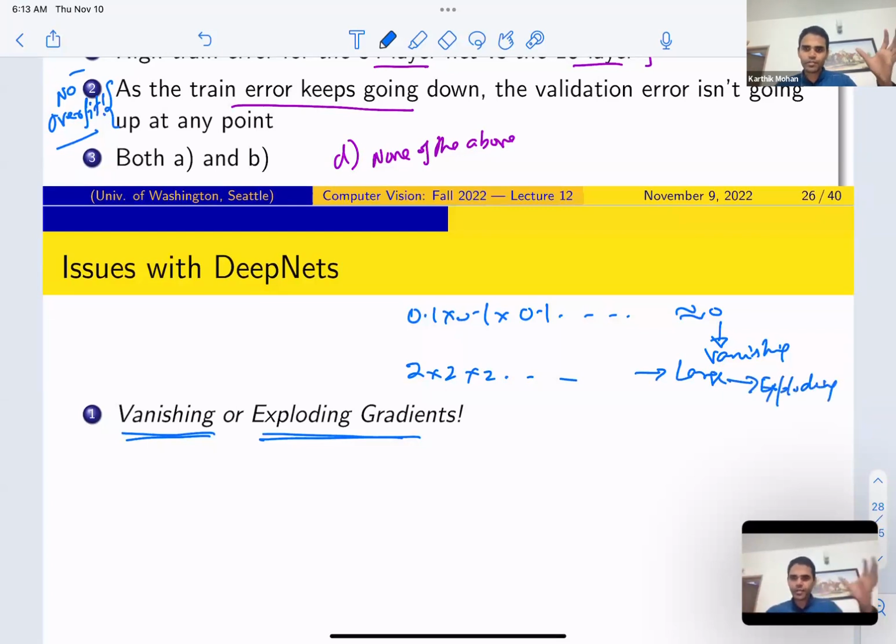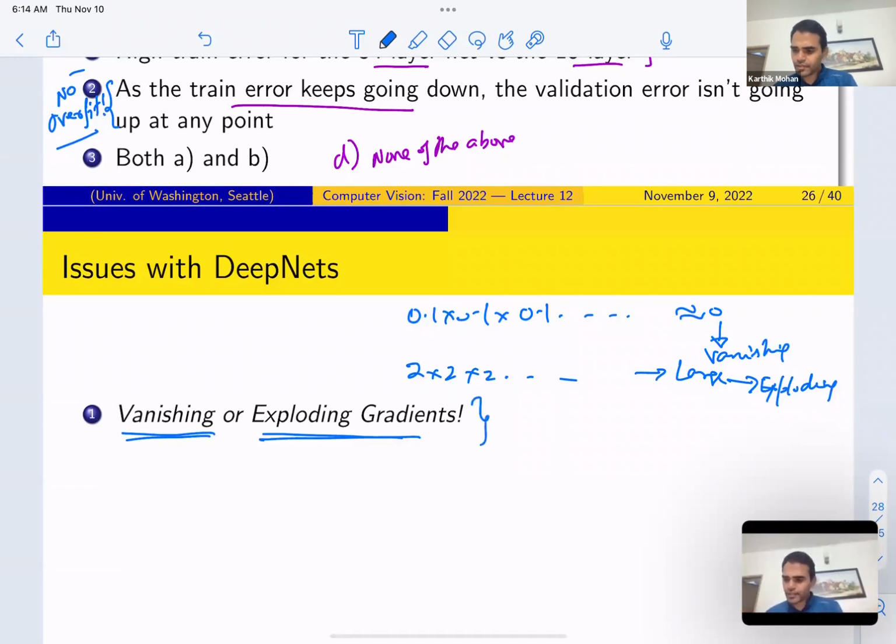This is an issue because the gradient is conveying information. If the gradient is vanishing, there's no information. If the gradient is exploding, things are not in scale, and you might have issues with training or convergence. So either way, you have issues.